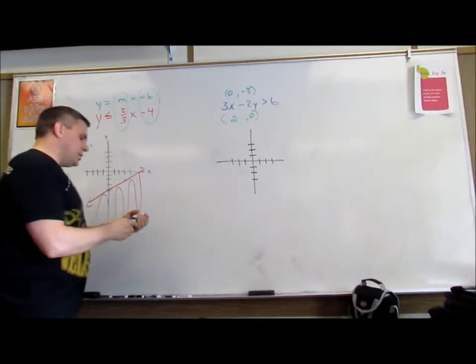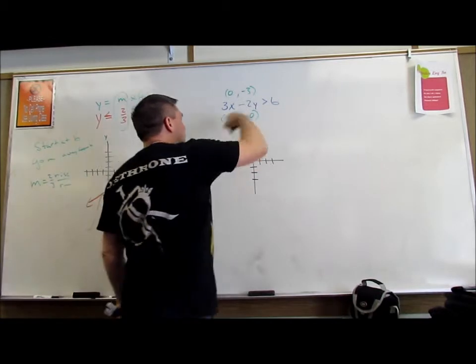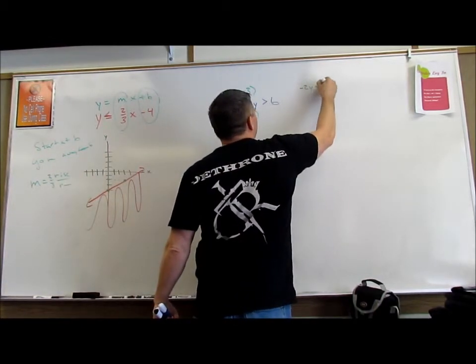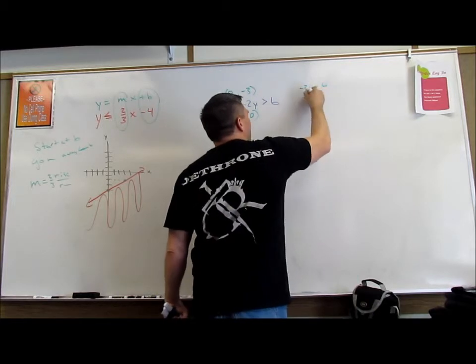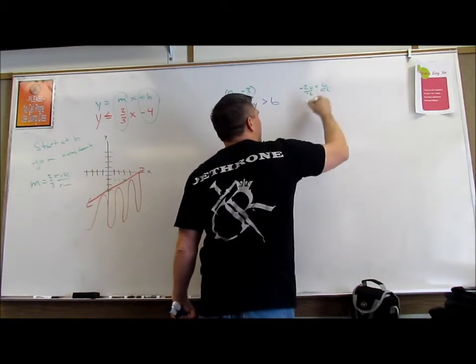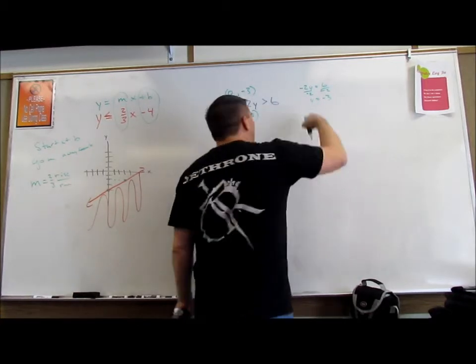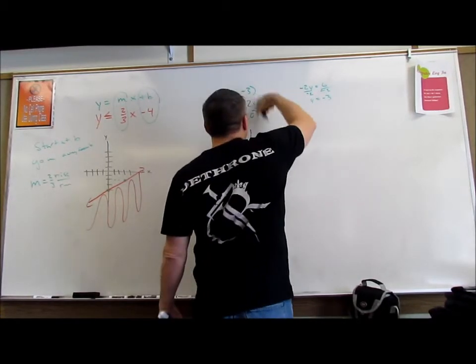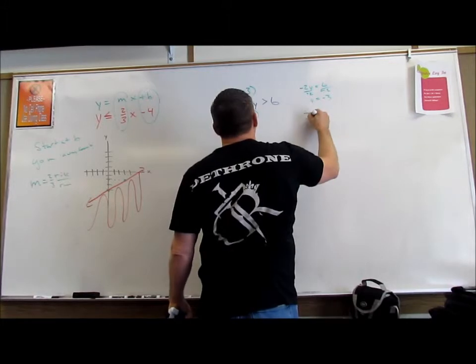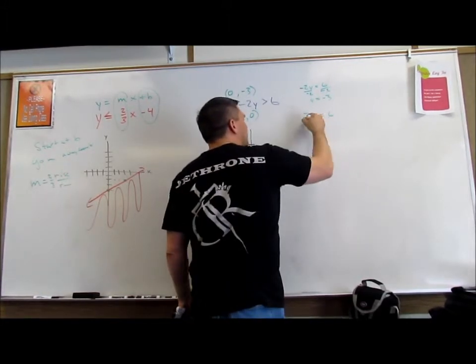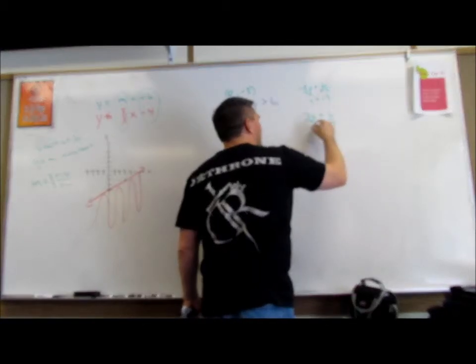Well, 3 goes into 6 two times. So if negative 2y equals 6, then I divide by negative 2 and I get y is equal to negative 3. If I solve this where the y goes away, then 3x is equal to 6, divide by 3, divide by 3, and I get x is equal to 2.